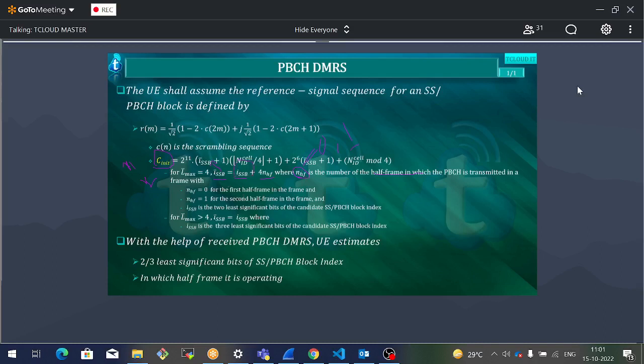Now, ISSB is the 2 least significant bits of the SS/PBCH block index number. What is the meaning of 2 least significant bits of the block index? First of all, what is this block index? The SSB block index is nothing but the block transmission numbers that we have seen in the table.